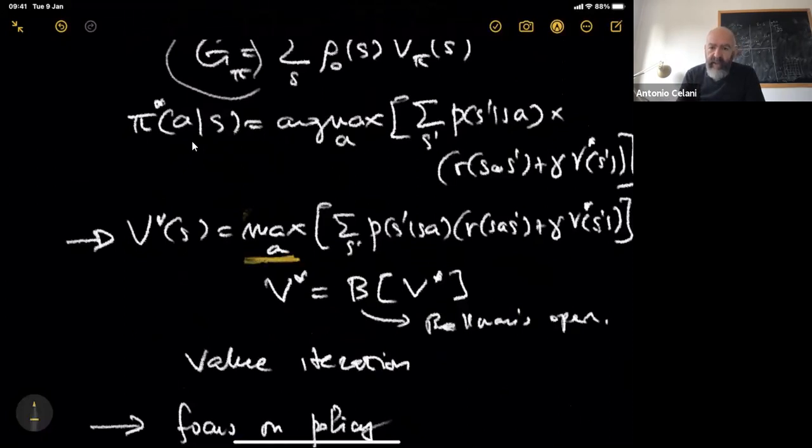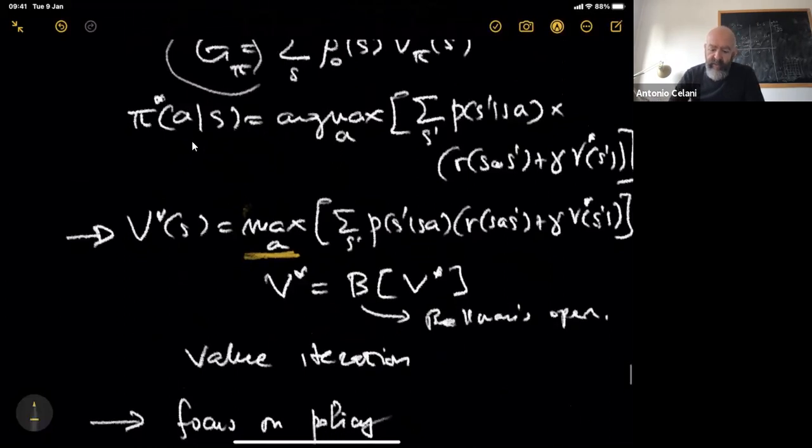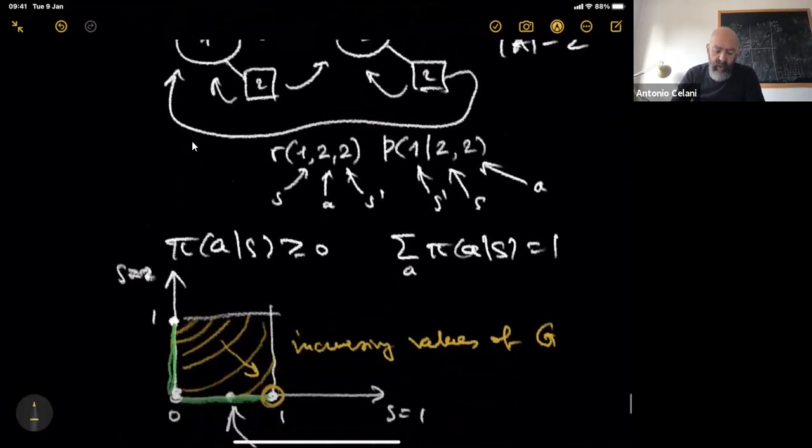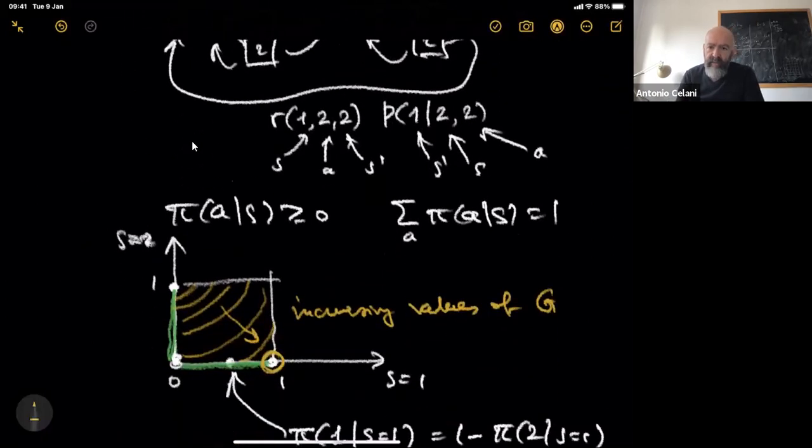So for optimal strategies, there is always a deterministic strategy which is optimal, which means that these functions generically always have maxima in the corners. This is, again, a consequence of this problem being a problem of optimizing a convex function on a convex set. The convex function is G, and the convex set here is the square.